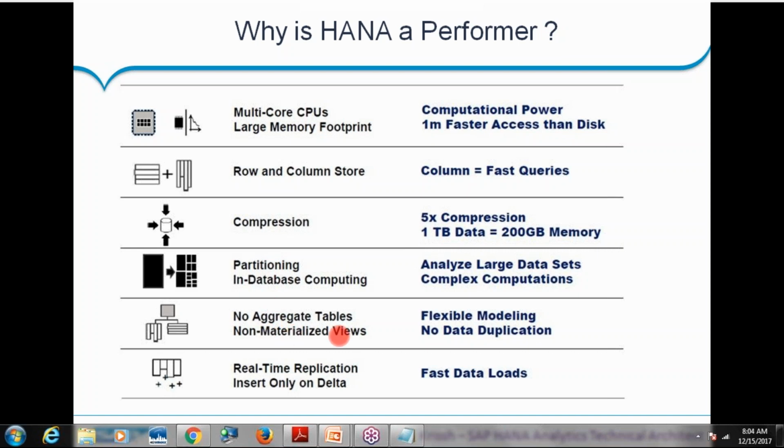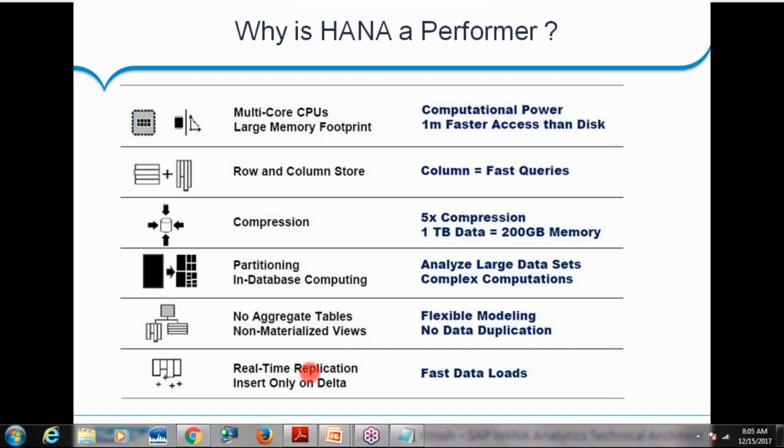And non-materialized views would avoid redundant storage. We are not going to store it at any place as part of the business model in HANA. We are just building a view where we can get the data from a table directly.